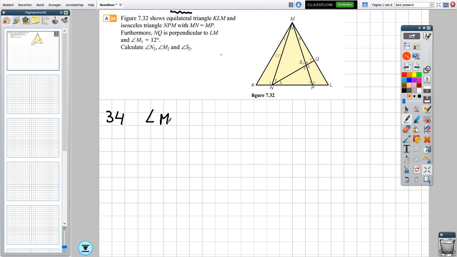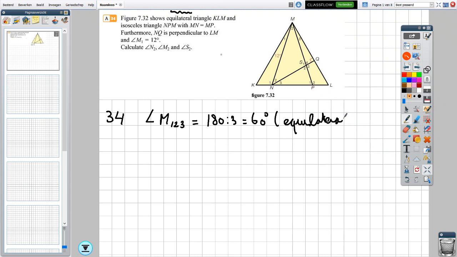If I have angle M1, 2, 3, which is the complete angle, how many degrees are all angles in an equilateral triangle? Well, they are all the same. So in this case, angle M1, 2, 3 must be 60 degrees.